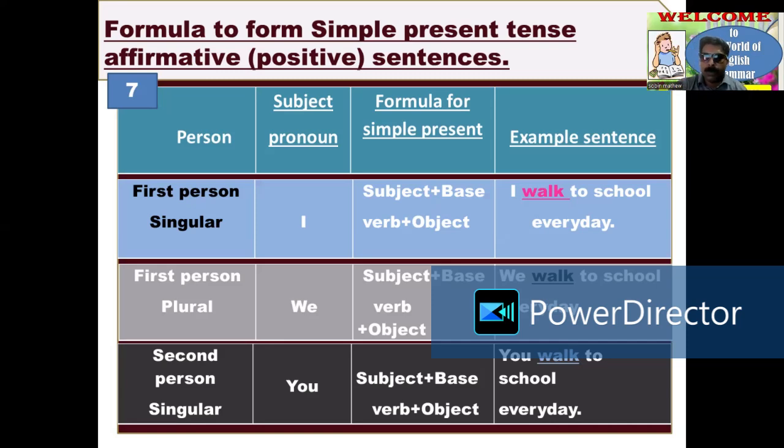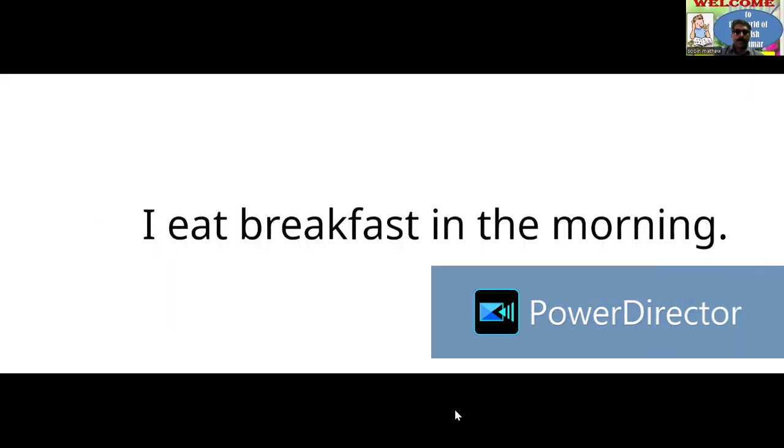Then all the students respond to the teacher, yes, sir. Then teacher writes the sentence, I eat breakfast in the morning, on the whiteboard. Okay, you see the sentence. Anagha said the sentence, I eat breakfast in the morning. All of you can see the sentence on the white screen. All the students reply to the teacher, yes. Then teacher reads the sentence, I eat breakfast in the morning.